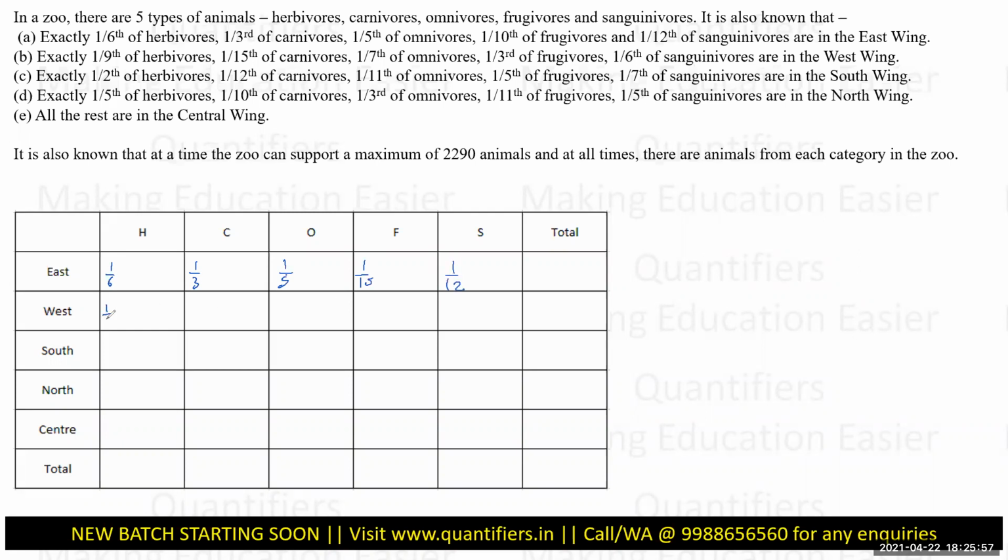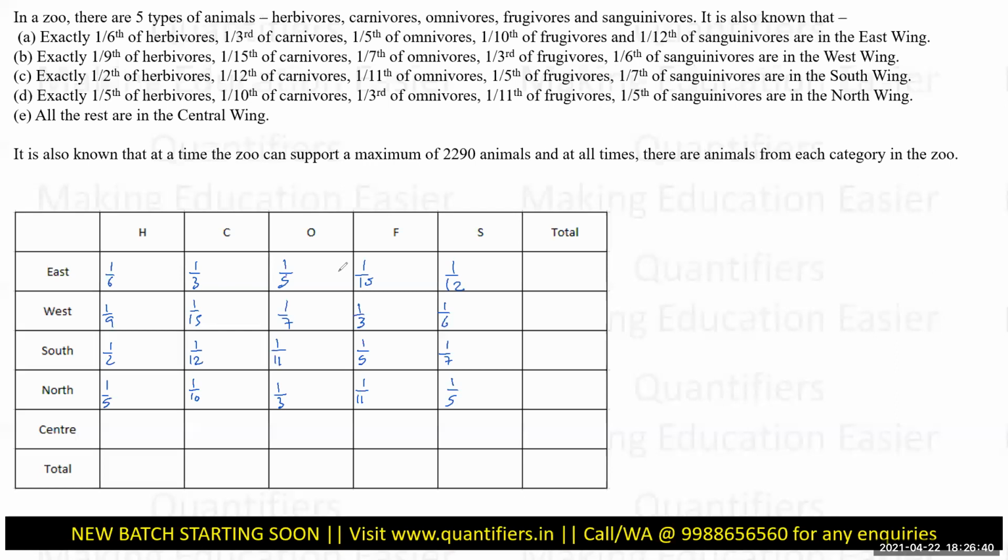Similarly, 1/9, 1/15, 1/7, 1/3, 1/2, 1/12, 1/11, 1/5, 1/7, 1/5, 1/10, 1/3, 1/11. In the center, we don't have any data.